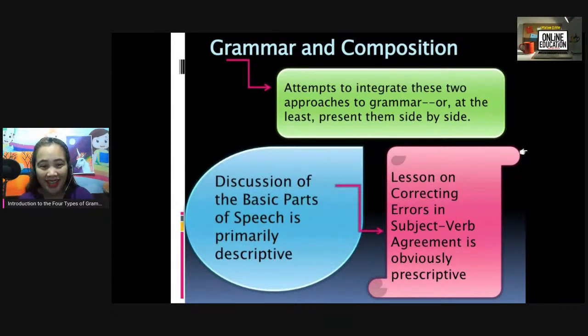Take note of that, guys. Discussion of the basic parts of speech is primarily descriptive. But when you look at the common errors in using the English language, that is prescriptive. Okay, so hope you understand, there is no functional and pedagogic here yet.